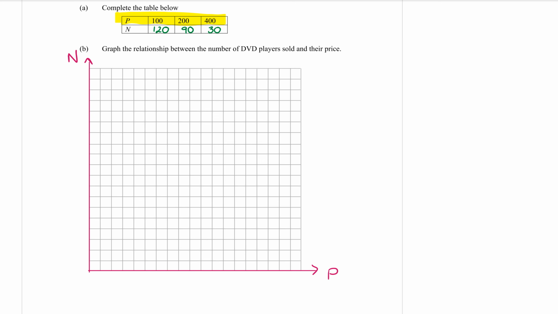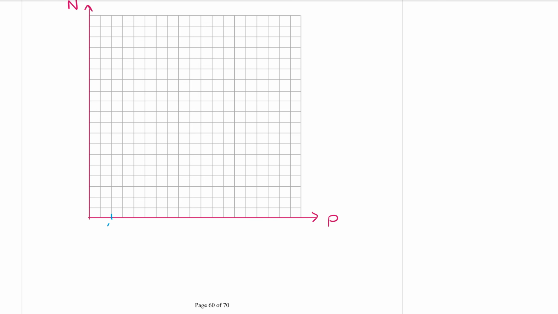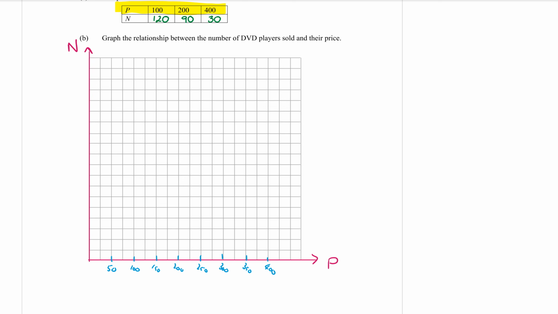So for our P, maybe we'll go up by 50s. So across the bottom here, I'm going to go 50, 100, 150, 200, 250, 300, 350, 400 for P. The biggest number that I have for N is 120.